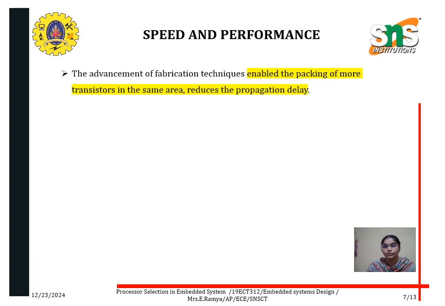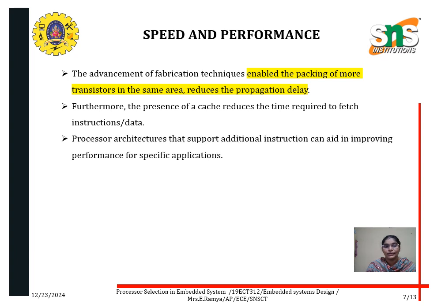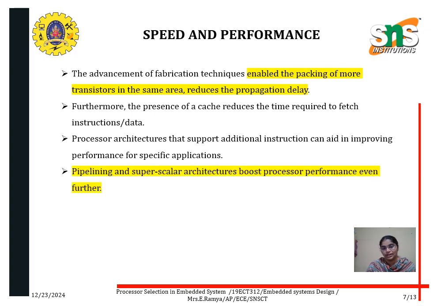The advancement of fabrication techniques enabled the packing of more transistors in the same area, reducing the propagation delay. The processor architecture that supports additional instructions can aid in improving performance for specific applications.